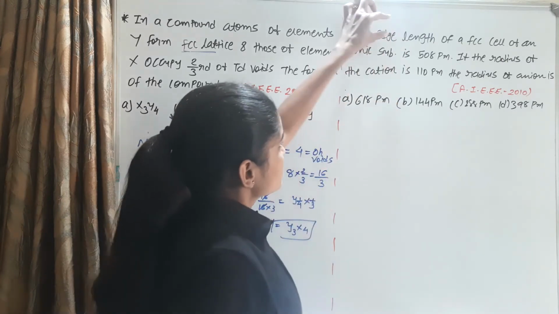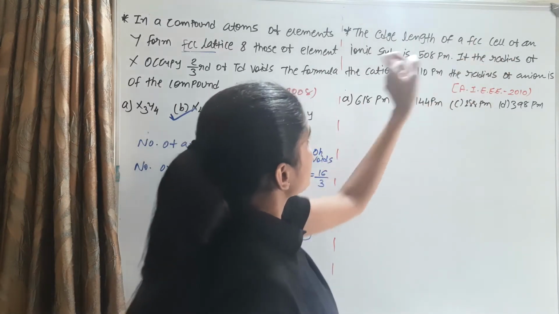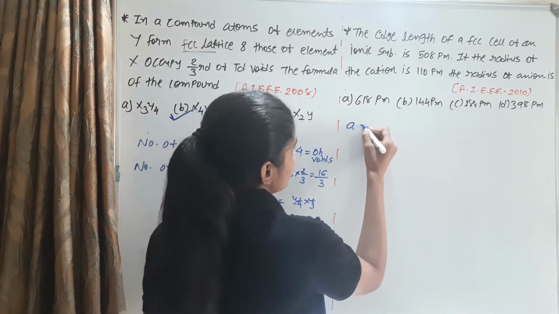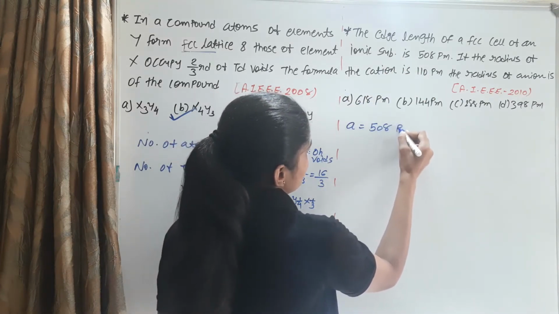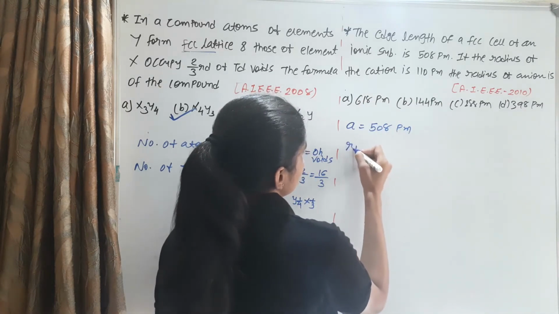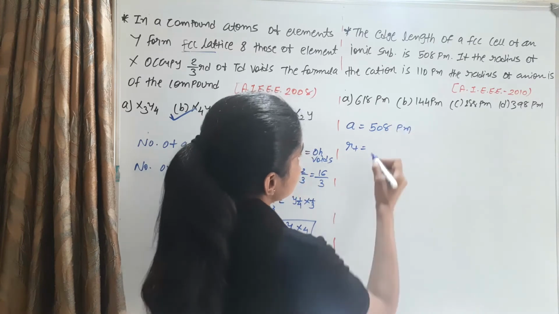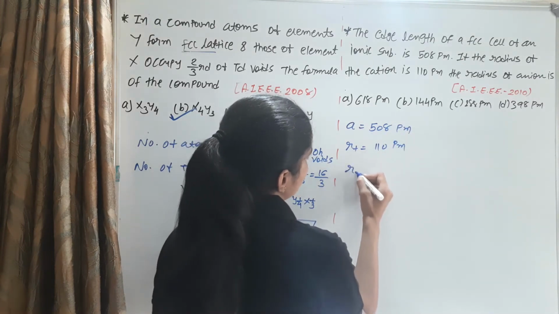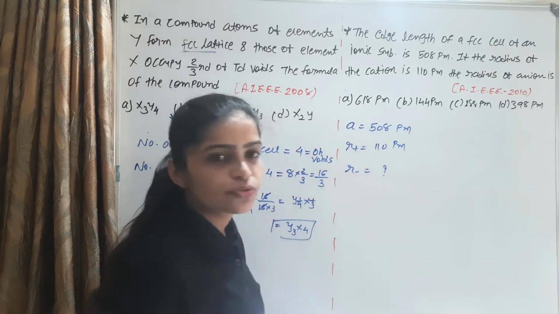Next, the edge length of the FCC cell of an ionic substance is 508 picometer. So the A value given is 508 picometer. The radius of the cation is given as 110 picometer. Then find out the radius of the anion. How to find this?